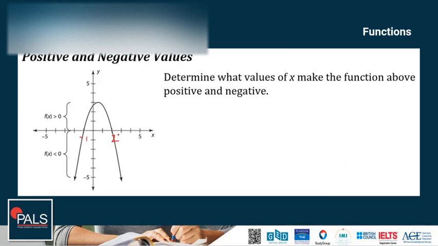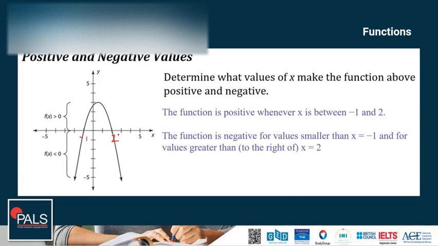Then, when the values of x are greater than 2 or less than -1, the values of the function are negative. So the function is positive whenever x is between -1 and 2, and the function is negative for values smaller than x equals -1, and for values greater than x equals 2, to the right of 2.